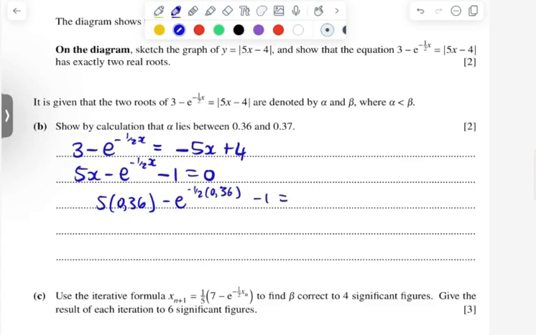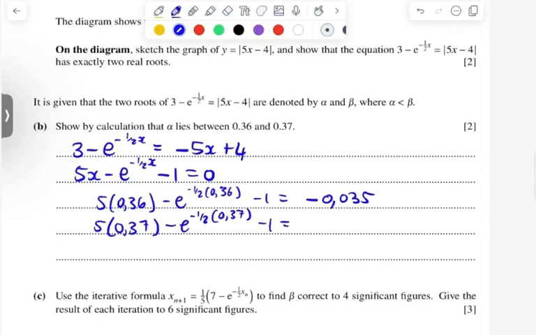And my answer is minus 0.035. So I get a negative answer. And what I am expecting here is to have a sign change. That is all that I'm actually wanting to show, that I get a sign change when I plug in these different values.